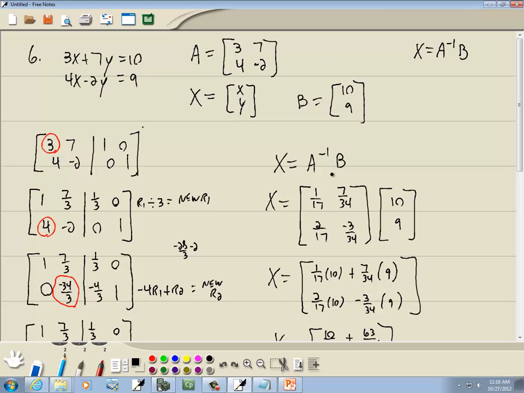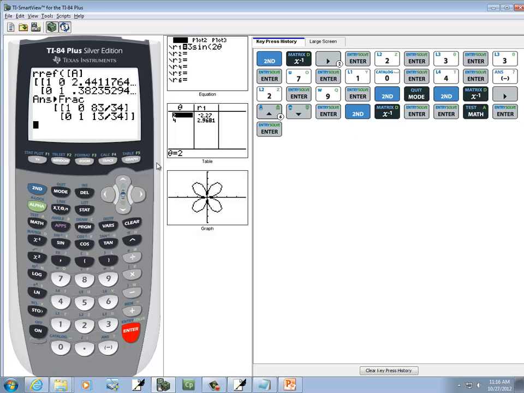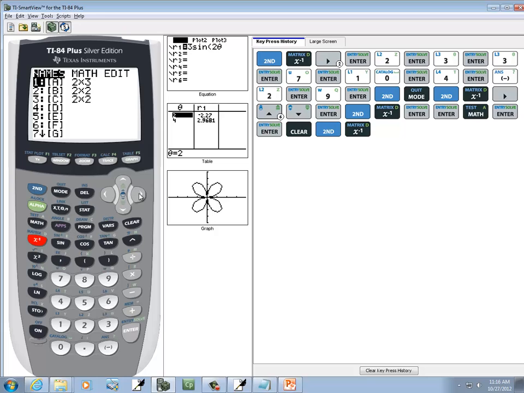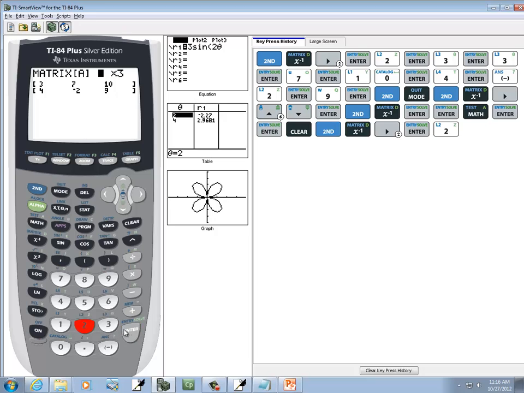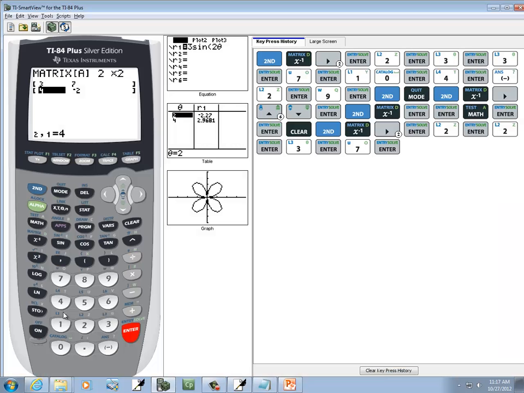Well, let's actually use this formula here using our calculator. So I'm going to put this into A, and I'll put this into B, and let's see how to do it. So I go to my matrix menu, right arrow over to edit, enter on A, 2 by 2. And we got 3 enter, 7 enter, 4 enter, -2 enter.